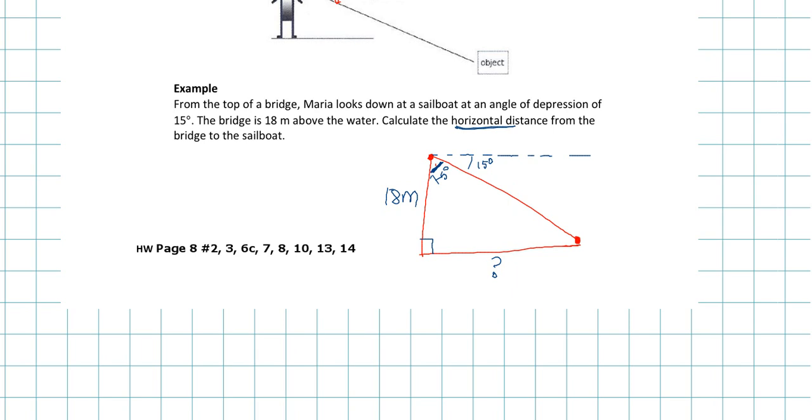So, let's name the triangle. Hypotenuse, opposite, adjacent. What do I know and what am I looking for? So what do we use? Tan. So tan 75 equals, I don't know what the opposite is, over 18.